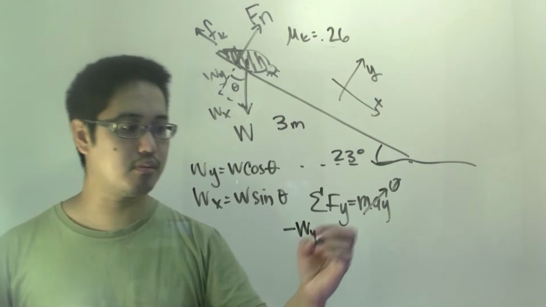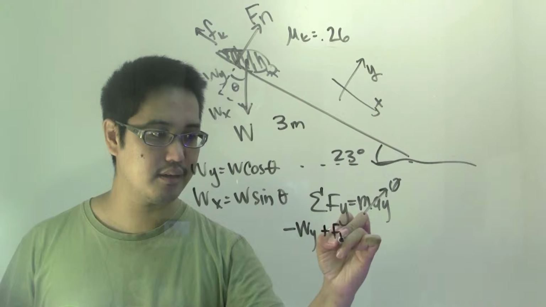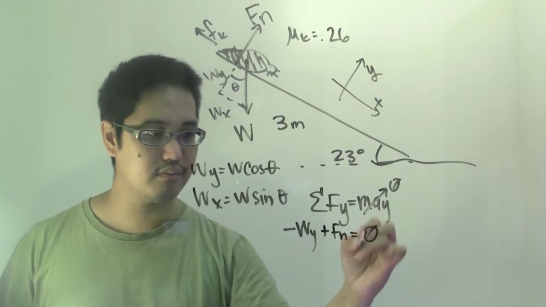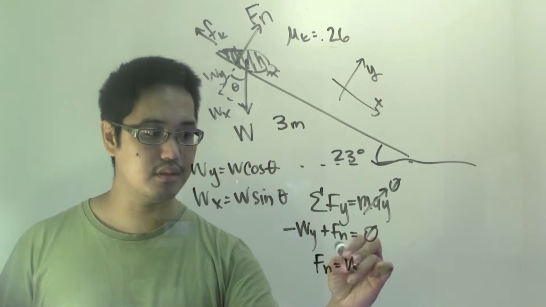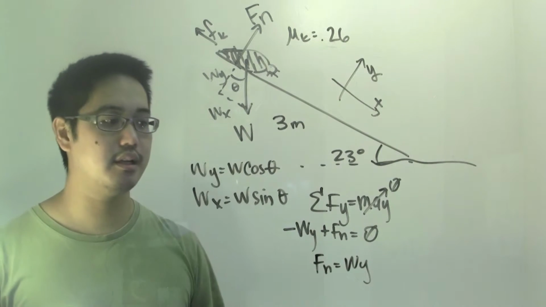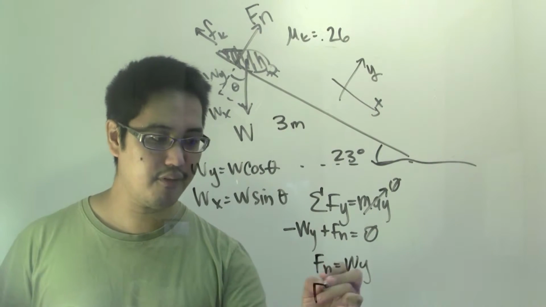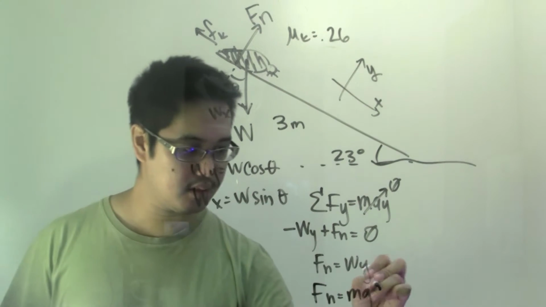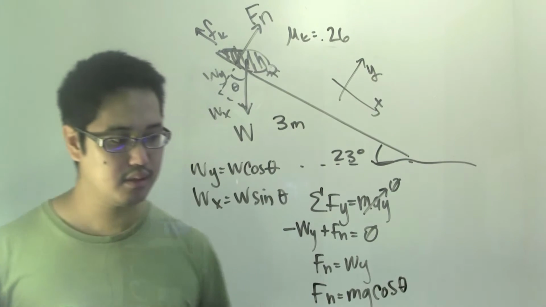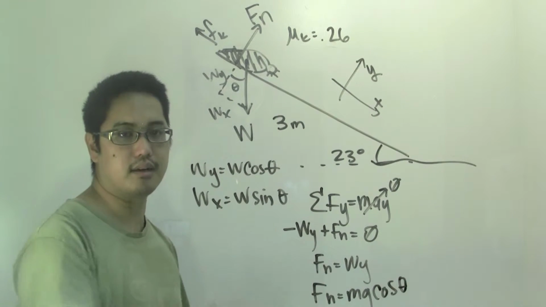And I've got positive normal force, so plus Fn, is equal to 0. So Fn equals Wy. Actually, let's just make it Fn equals mg cosine theta.